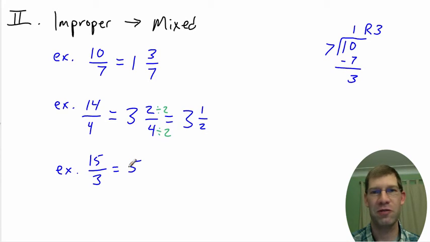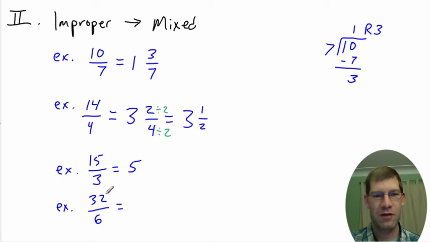If you do your multiples of 3, you have 3, 6, 9, 12, 15. So when you do 15 divided by 3, it's like you'd have a remainder of 0. You could view it as though it's 5 0/3, but we're not going to write it that way. We're just going to say it's 5. And maybe the last one would be 32 divided by 6.